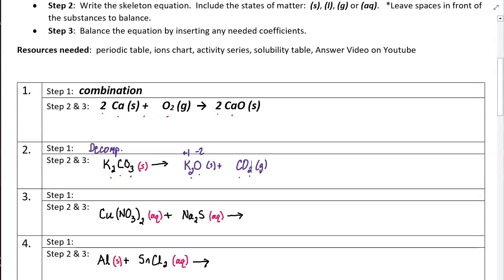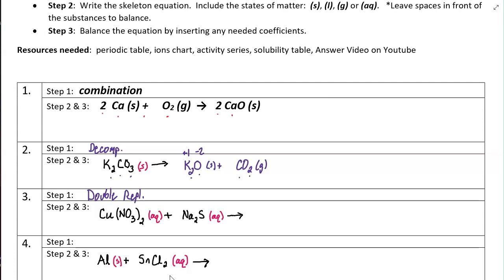Next, question number 3. I've copied down the given information from the worksheet. Then, pay attention to this format. We have 2 aqueous ionic compounds being mixed together. This format is double replacement. Once you've identified the format, then you can follow the pattern of that format to create the products.